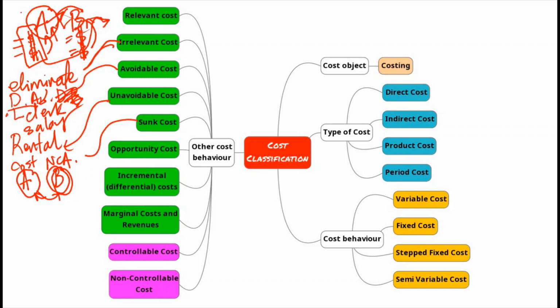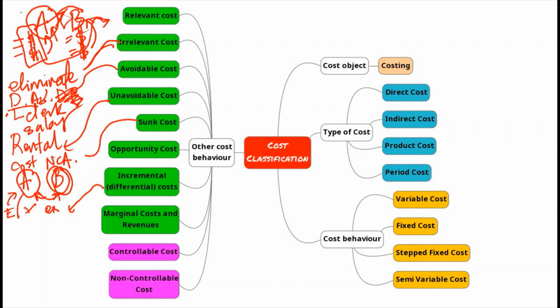Incremental would be the differences between costs and revenues for the corresponding item for each alternative being considered. For example, let's say I have a similar product A. I'll be looking into, if I were to produce product A, what is my expenses? If I were to do product B, what is my expenses?